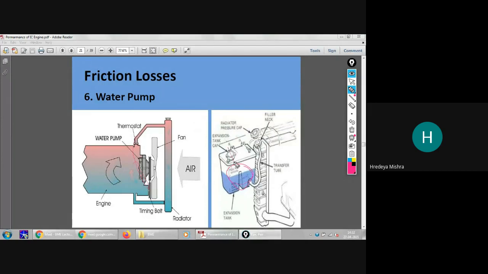Here we can fill the water, and this water is utilized to cool the engine. So the water pump assembly is also a reason for the frictional losses.